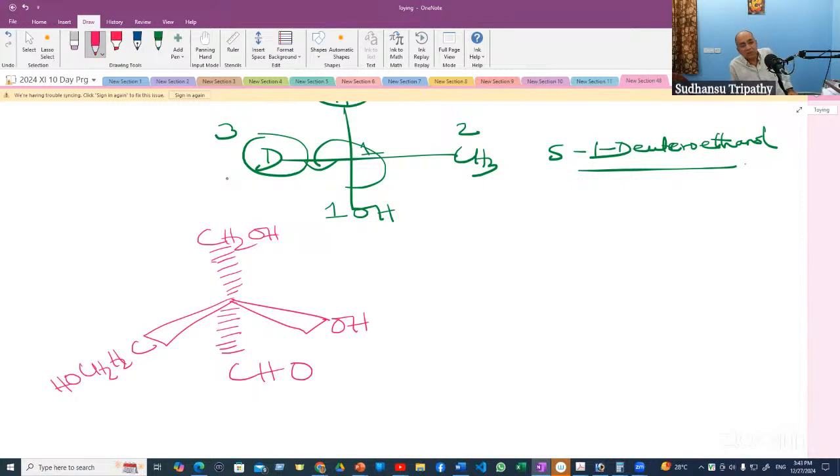One is 2-hydroxyethyl, the other one is hydroxymethyl, the other one is a hydroxy, the third one is aldehyde, bonded to the chiral center, the tetrahedral center.